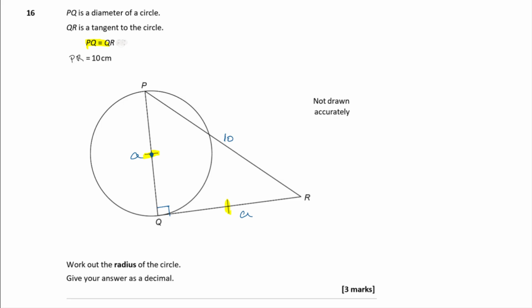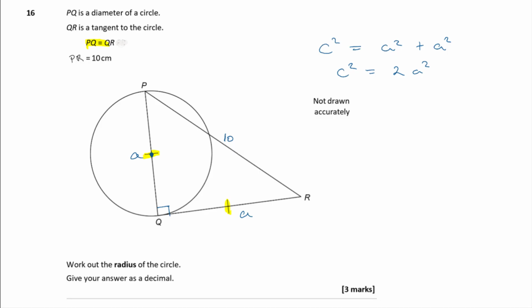Now normally with Pythagoras' theorem you'll need to know two things to find the third thing, but we know those two things are the same, so we kind of know two things. So usually c squared equals a squared plus b squared, isn't it? But in this case they're both the same, so it's going to be a squared plus a squared. So in other words, c squared equals 2 lots of a squared.